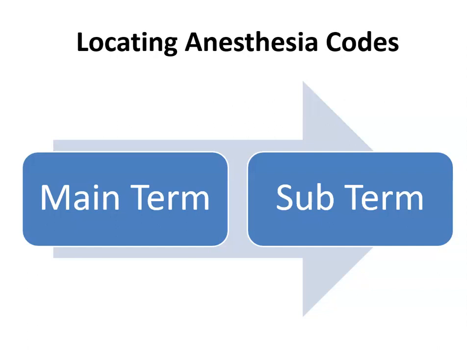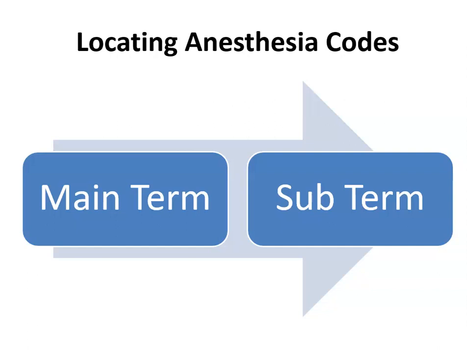So you have to start with the main term of anesthesia, and then your subterm is either going to be the body part, or in some cases could be like a type of procedure. So it could be a replacement. But for the most part, going to the body part is usually how you can capture that anesthesia code.